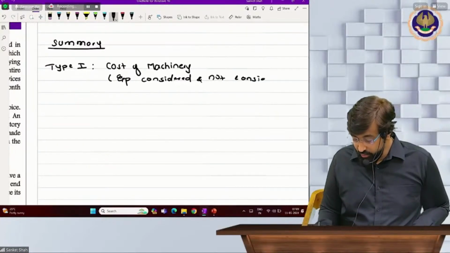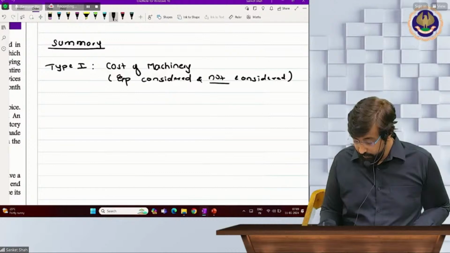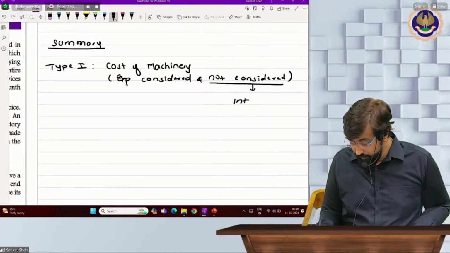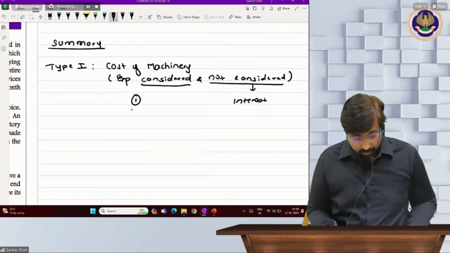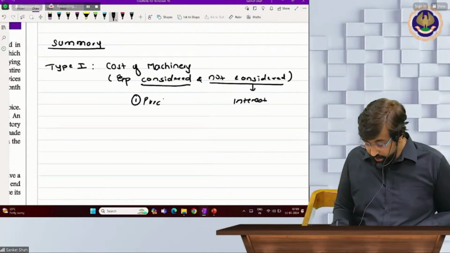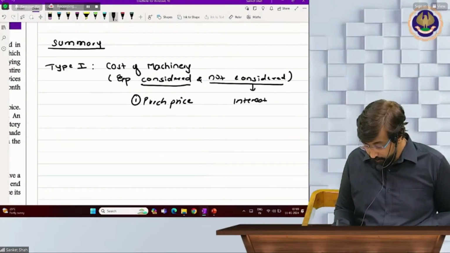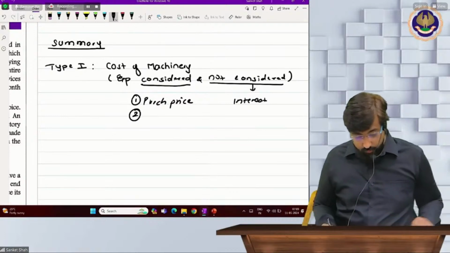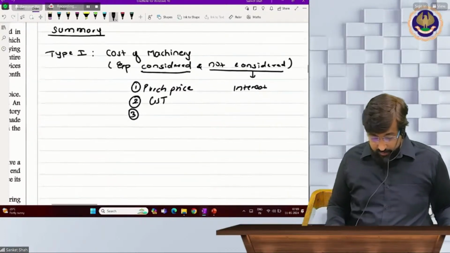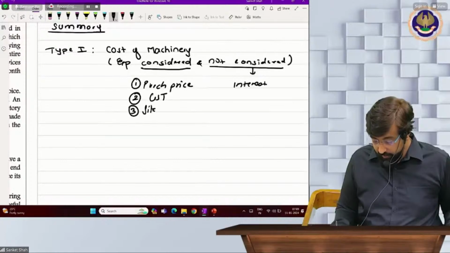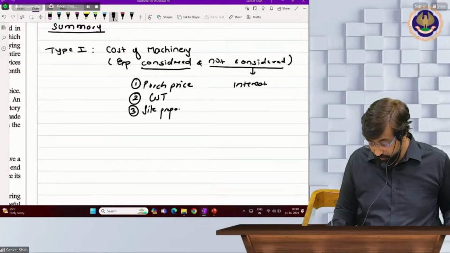Which expenses did you consider? Not considered: interest. Considered: number 1, purchase price. Number 2, GST, as credit is not available. Site preparation cost.